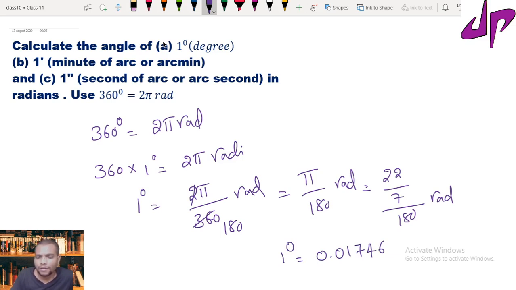I will round this value and write it in scientific notation. That gives me 1.745 times 10 power minus 2 radians.